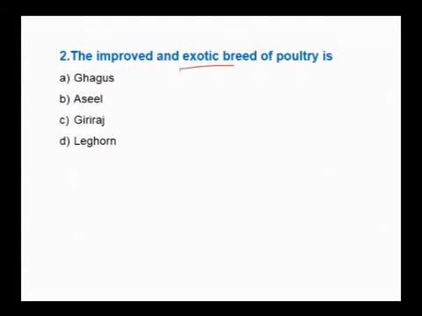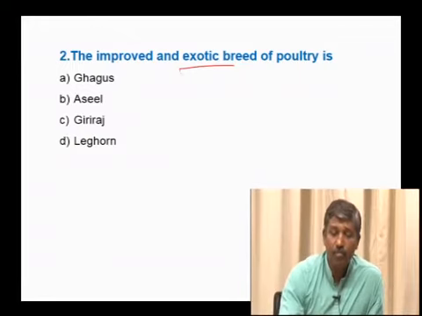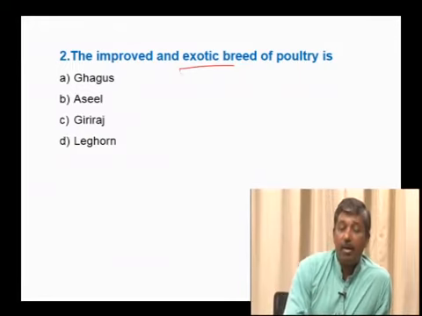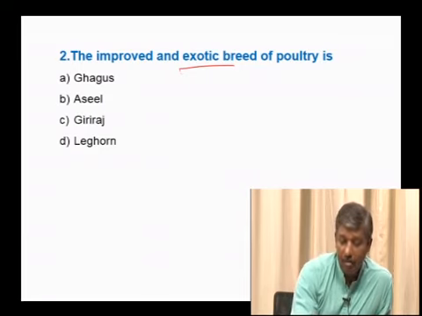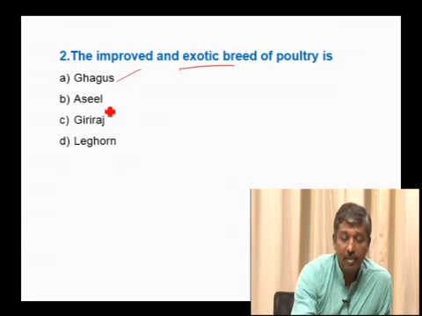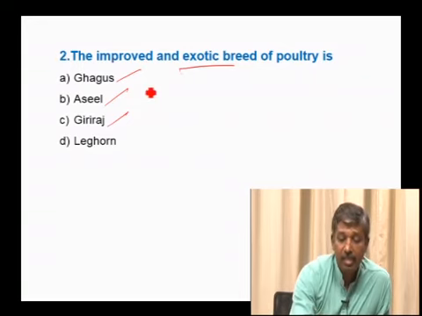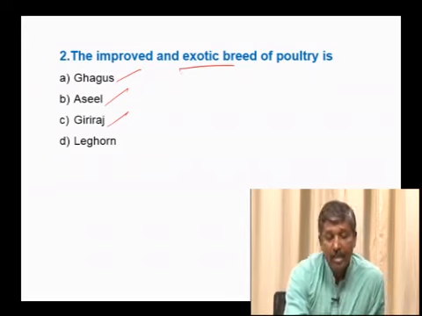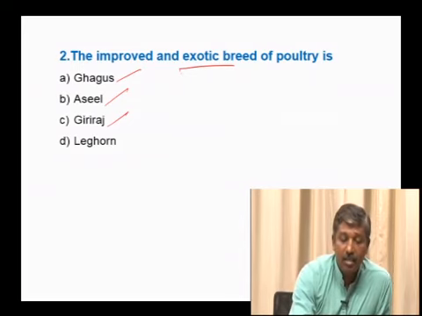The improved and exotic breed of poultry is, so exotic breed means the breeds which have been imported or are not native to the place. So among these options: Gagas, Asil, Giriraj and Leghorn. Gagas, Asil and Giriraj are indigenous breeds. Gagas is the indigenous breed reared in Andhra Pradesh and Karnataka.